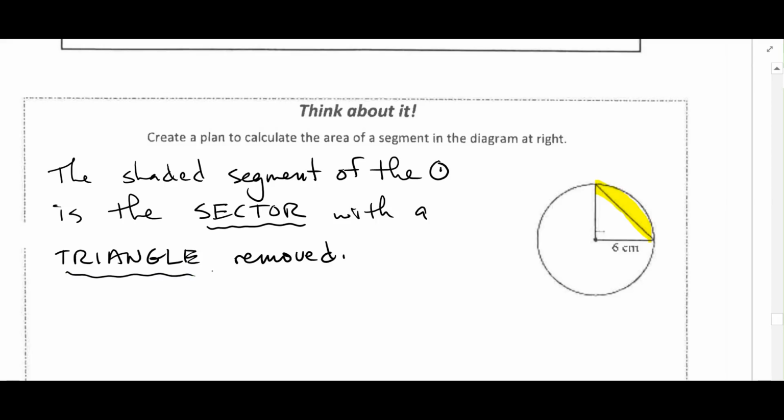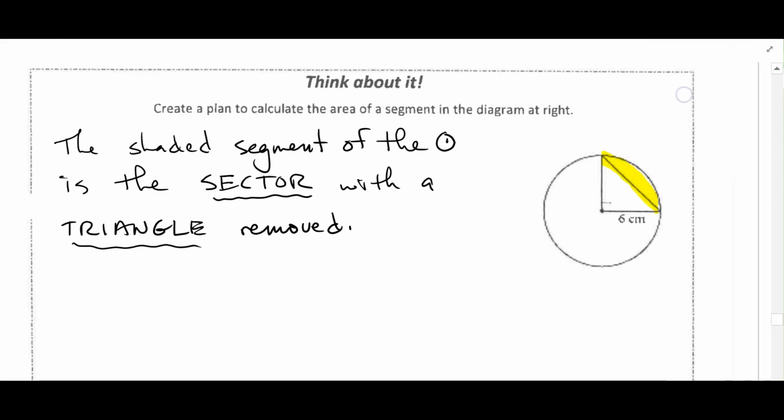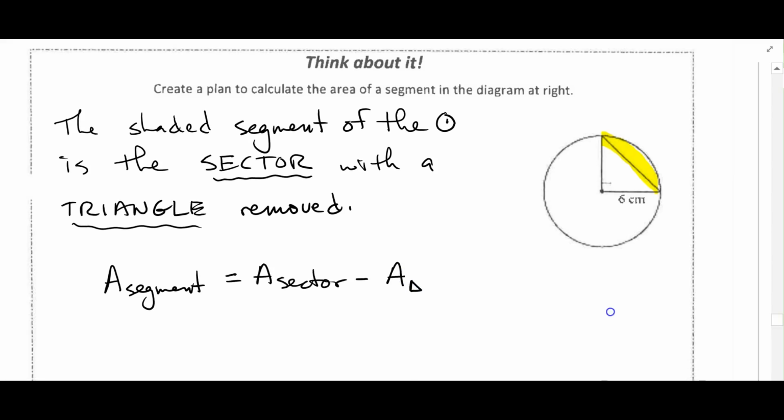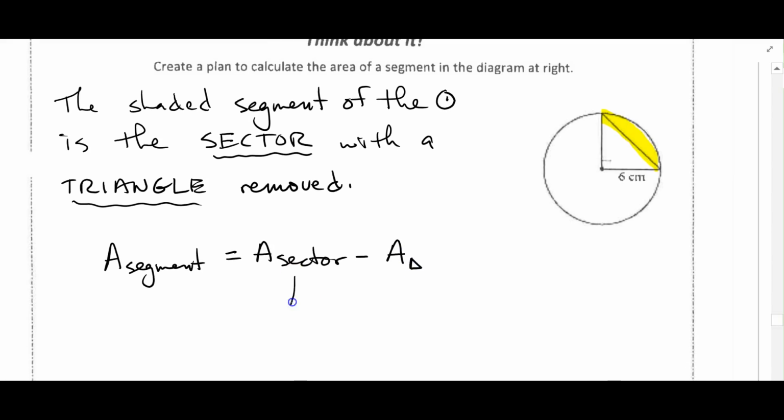So we actually have to find two areas, and then we'll subtract them to find the area of the segment. So the area of the segment is going to equal the area of the sector minus the area of the triangle.